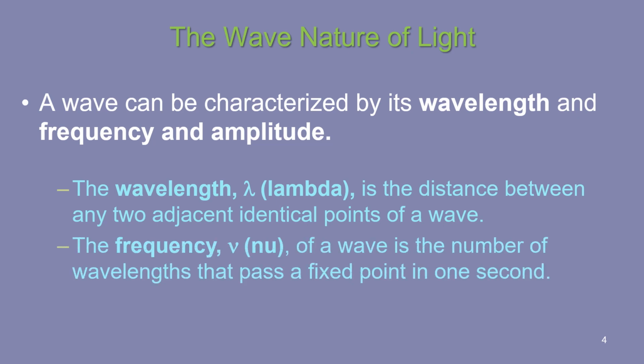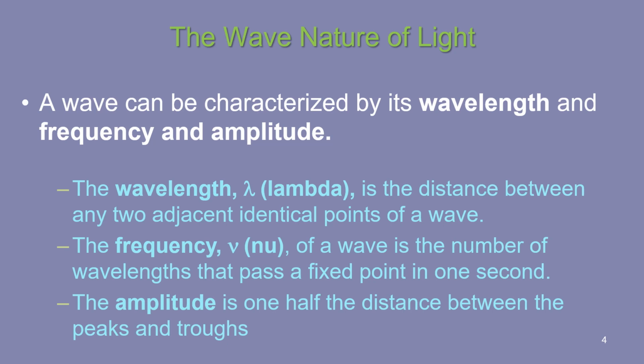And then the frequency, which is given the Greek symbol nu, which looks kind of like a cursive V, but it's called nu. Frequency is how many waves pass a fixed point per second. And then the amplitude is like the height of one of the humps. So it's actually 1/2 the distance between the peak and the trough. So how high up does it go, and then how low does it go?